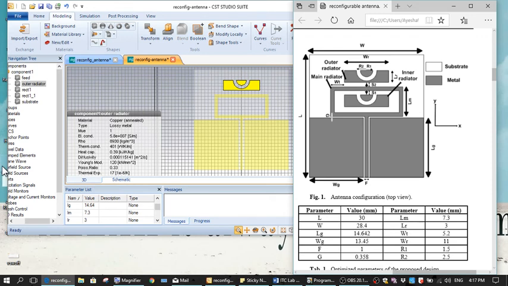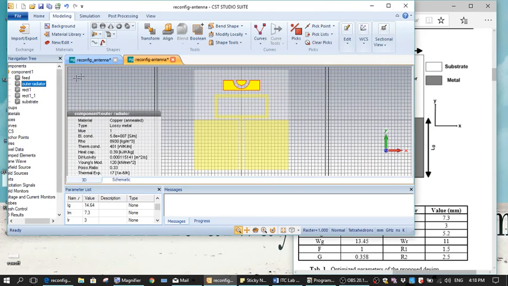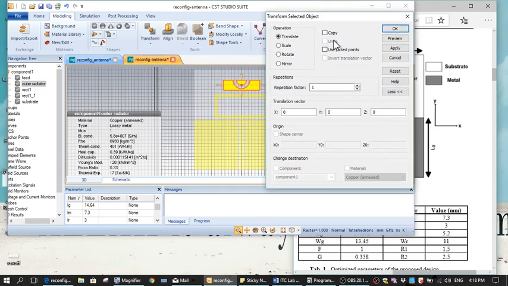Let's assign it LM, half of LM, plus let's suppose this is 1.2 and this is F and 1.2. So let's try this out and translate it to make a copy of it.